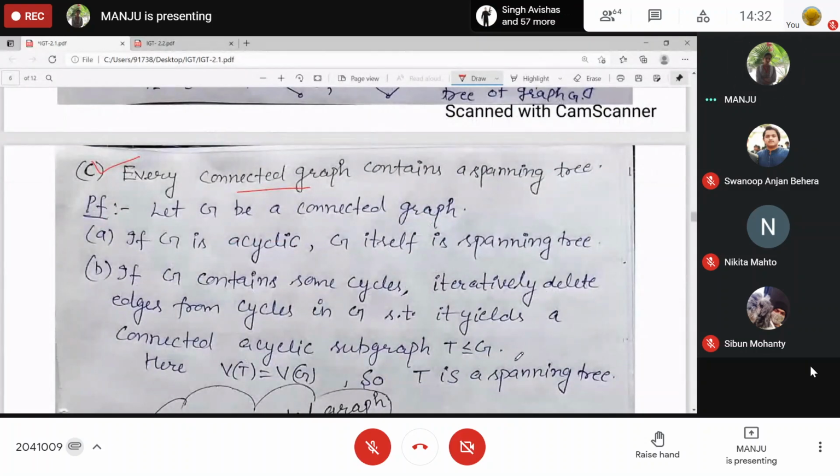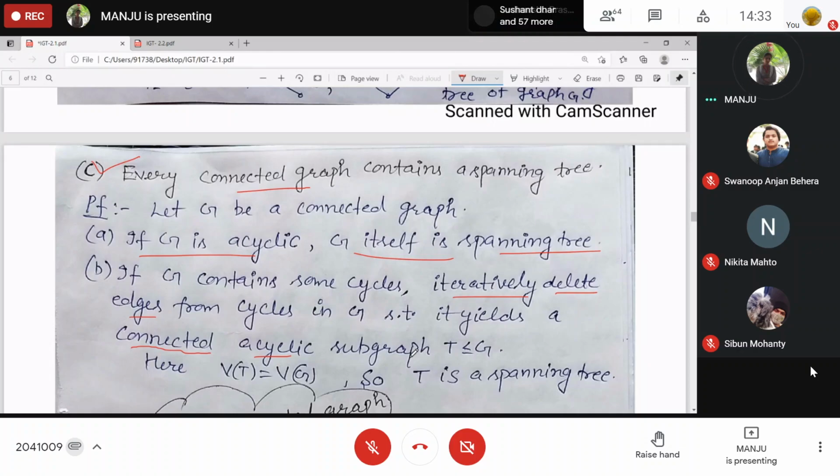You will delete some edges one by one from the cycles, so that the remaining graph will be connected plus acyclic.